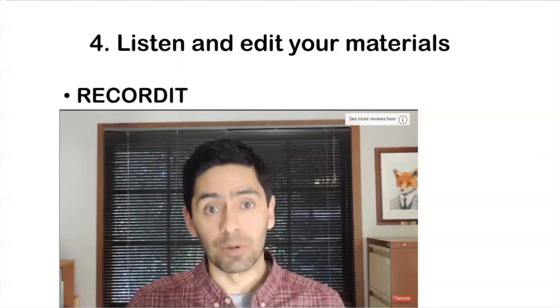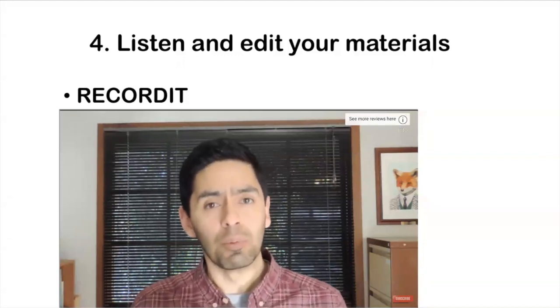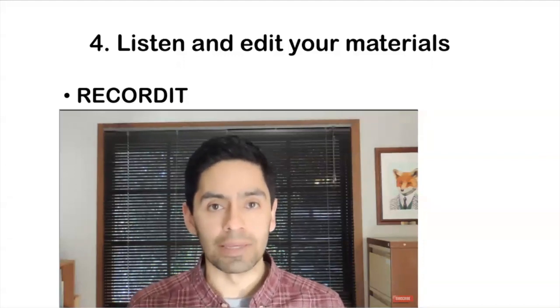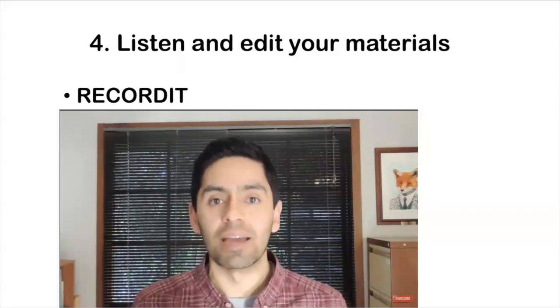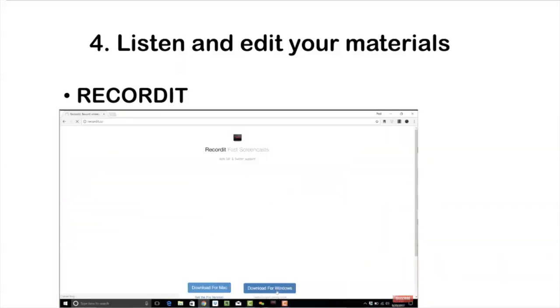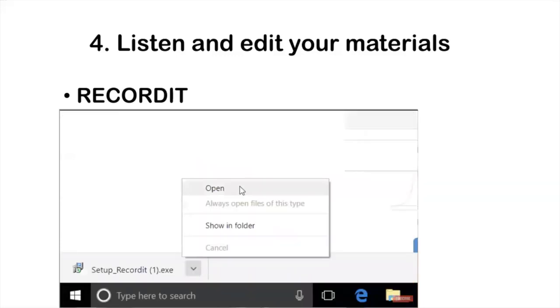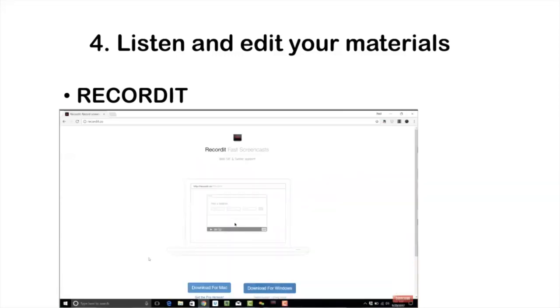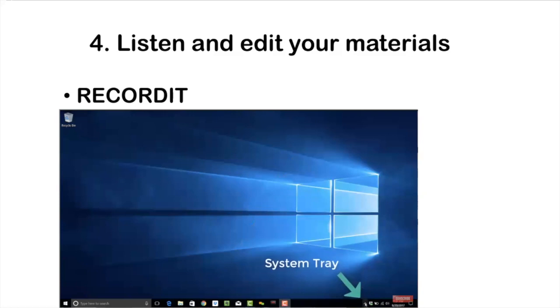You need to be aware that those things get saved on the public server, and we'll address that issue later. But firstly, let's look at how to download the application. So first thing you want to do is head over to recordit.co, where you can download a Mac or Windows version of the program for free. Hit the link to start the download. And once you've done the setup installation process, you'll find the recorded icon in the system tray down there.